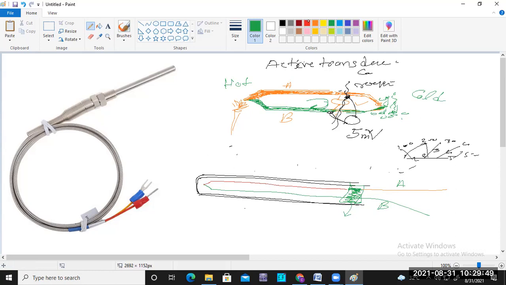But in this metal case, there should not be damage. That's why some ceramic beads are there. Ceramic beads look like this. There is a hole. There is a hole also. It looks like a backbone.